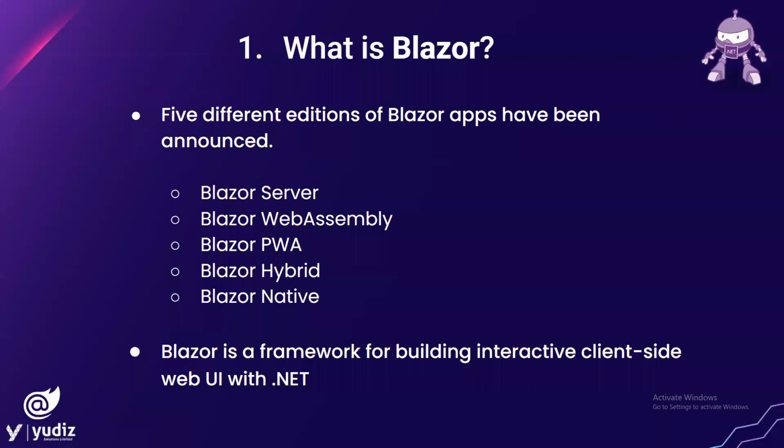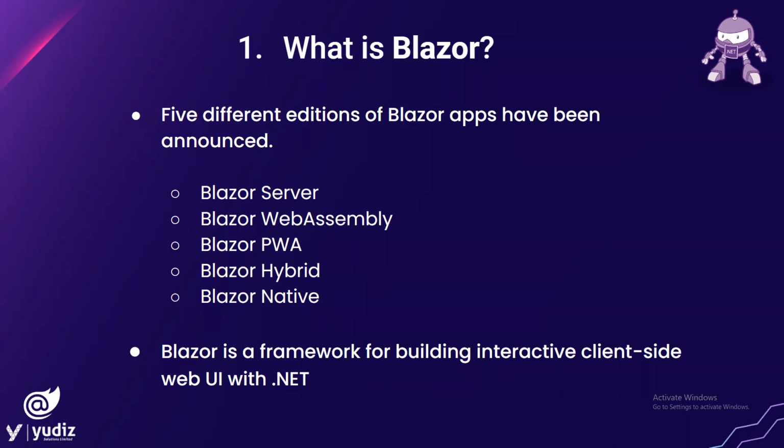Okay, so there are 5 editions of Blazor application. The first is Blazor Server, and the second is Blazor WebAssembly. These two are majorly used, so we will discuss these two topics later in detail. Now move to the next, Blazor PWA. PWA stands for Progressive Web Application.